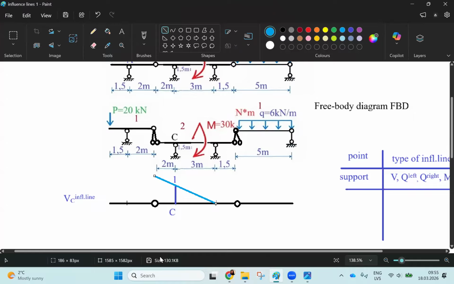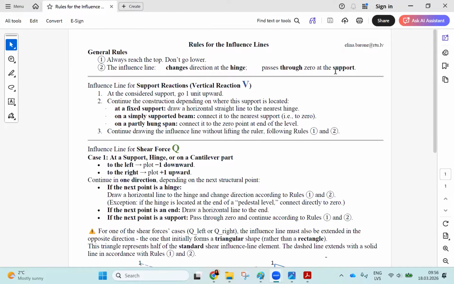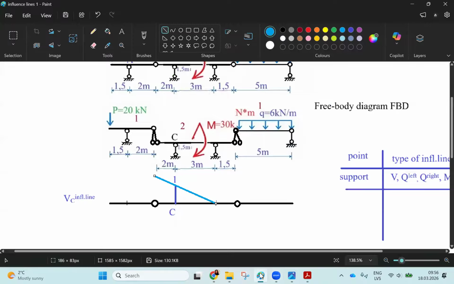You can ask for the rule sheet by email. The general rule says to always reach the top, don't go lower. That's a podium, I will tell. And the influence line changes direction at the hinge and passes through zero at the support. Following these rules, it's a bit easier to draw the influence line.